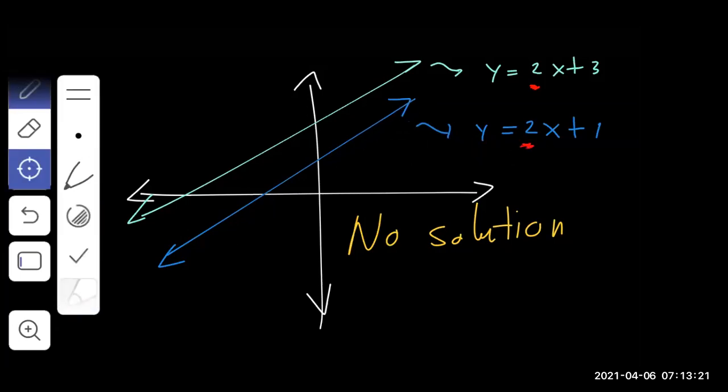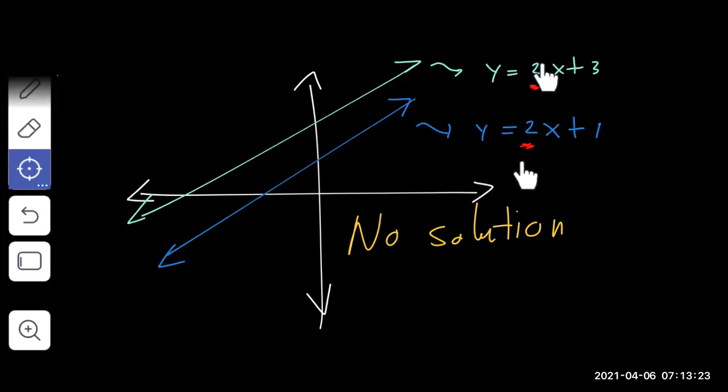Whenever you see that you have the same slope, that means the same inclination, but different y-intercepts, they're going to be parallel lines, and there's going to be no solution because they will never touch. They will be increasing at the same ratio, but they will never touch each other. This is basically the second idea: no solution when we have the same slope and different y-intercepts.